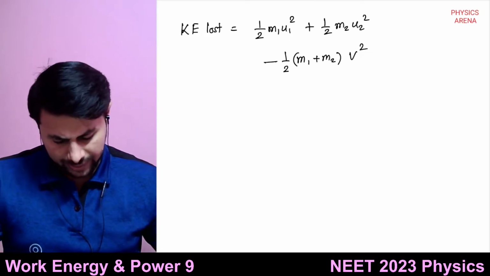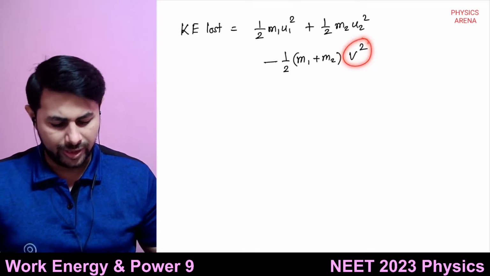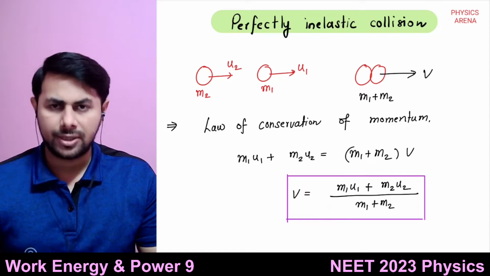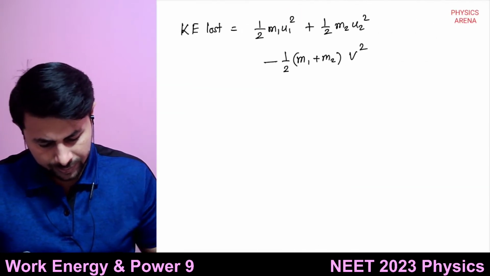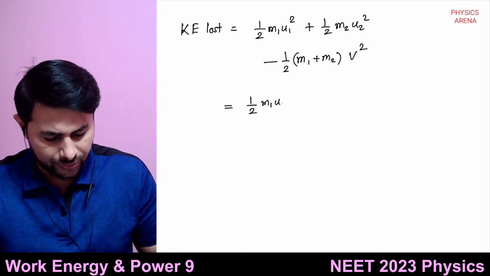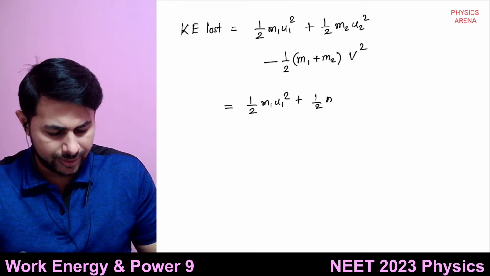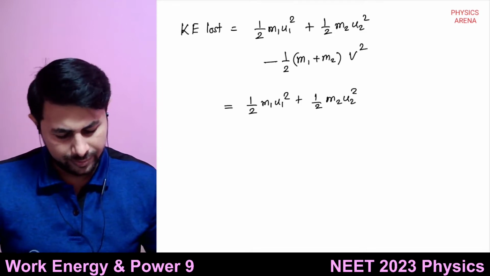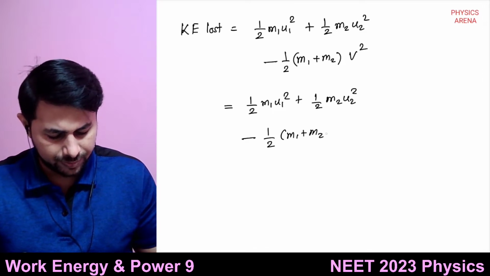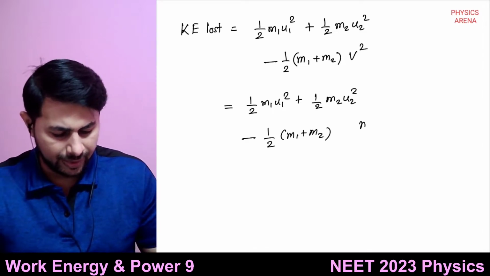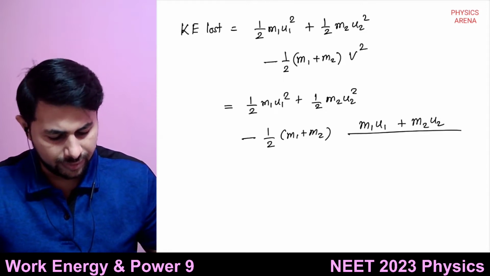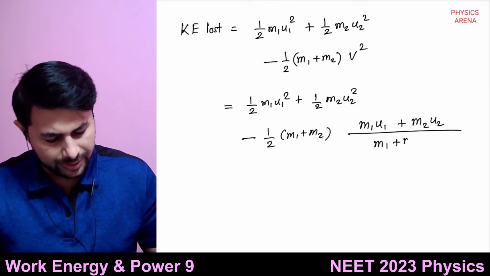Then we can substitute the value of v. What is the value of v? It is (m1 u1 plus m2 u2) divided by (m1 plus m2). So we get half m1 u1 squared plus half m2 u2 squared, minus half of (m1 plus m2) multiplied by the square of (m1 u1 plus m2 u2) divided by (m1 plus m2).